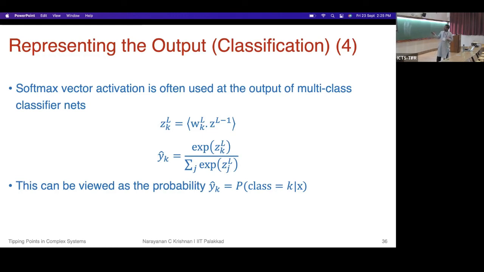Z_k^L is the output of the linear aggregator at the node k. You look at all the linear aggregator outputs at the output node. Exponent of one of those divided by the sum will give you that probability.